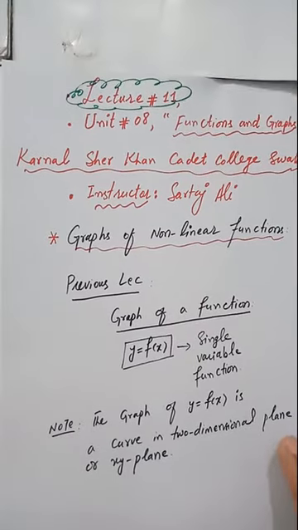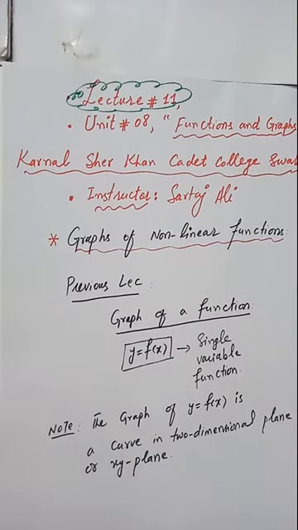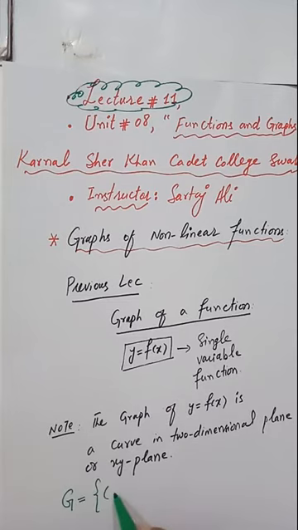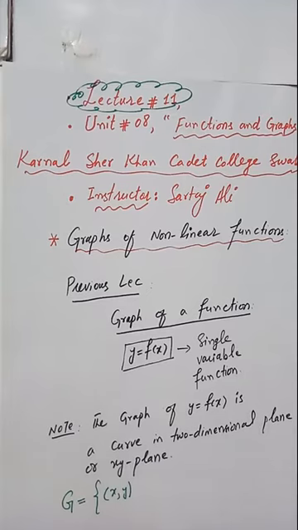Okay, so in general, the graph can be defined in set builder notation, denoted by G. Graph is actually a curve, and a curve is actually a set of points. For every point in the two-dimensional plane you must have an ordered pair.